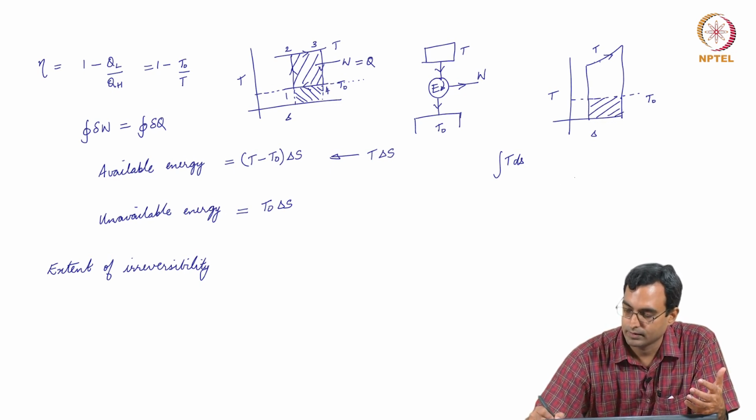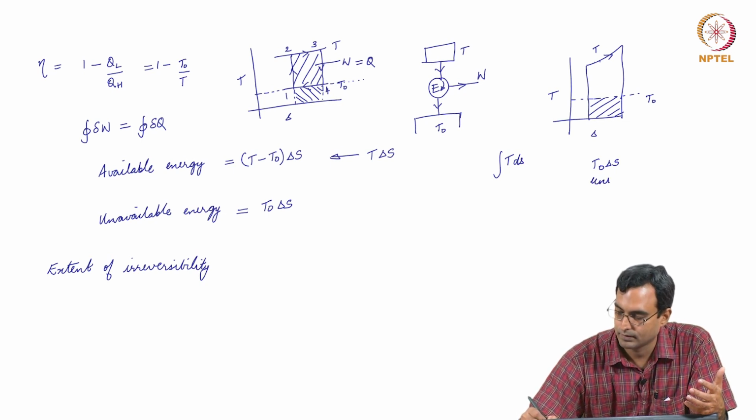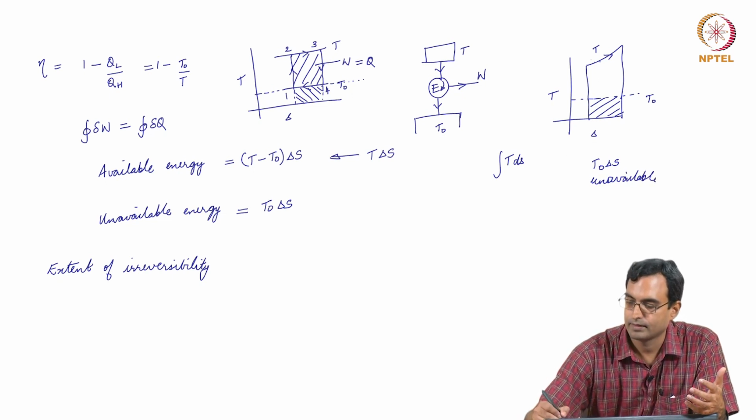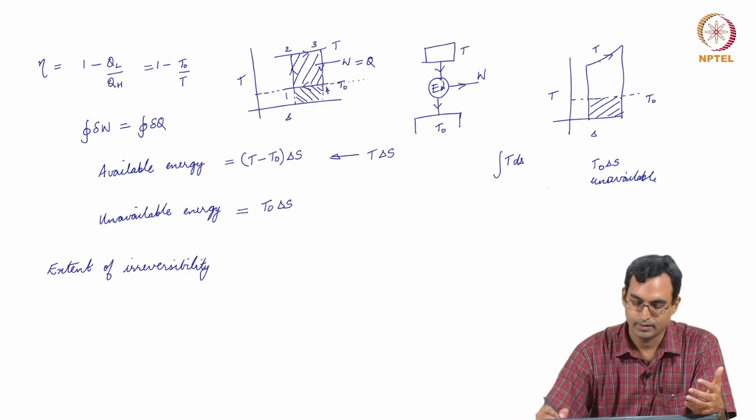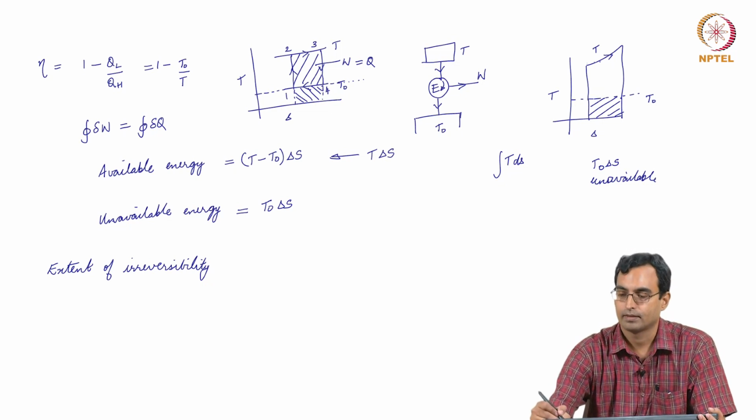So, T naught into delta S is unavailable, and this T into delta S minus this T naught into delta S is what is available, like in the previous case. Only thing is, over here it is a function of S, it is not a constant.